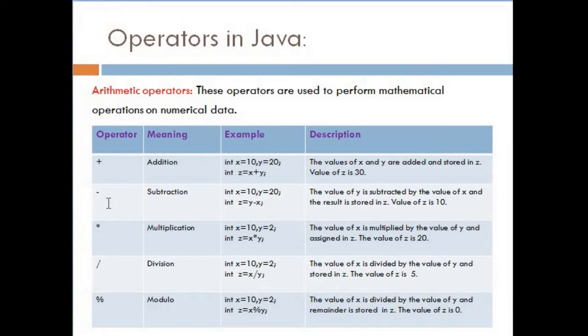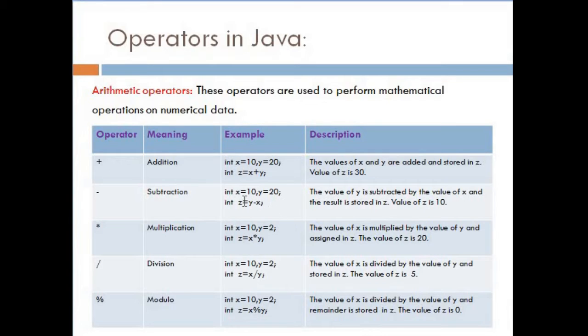Then come to the next operator, minus, which stands for subtraction. Now consider these two Java statements. At first the value 10 has been assigned to x, the value 20 has been assigned to the variable y. Then in the next statement the value z shall be calculated based on the expression y minus x. Since the value of y is 20 and the value of x is 10, y minus x gives 20 minus 10, which produces the value 10.